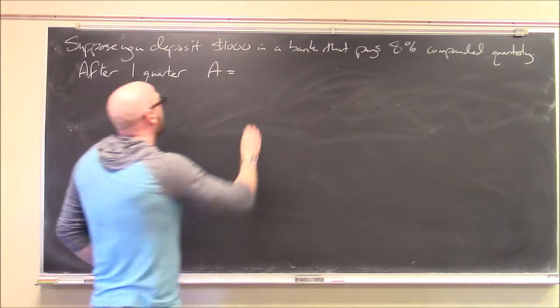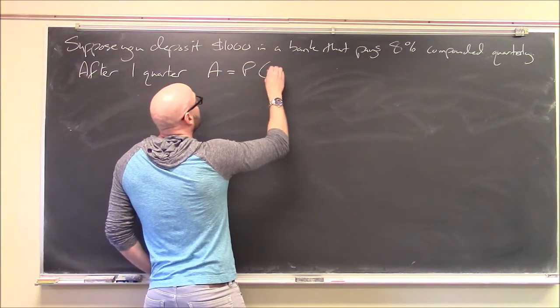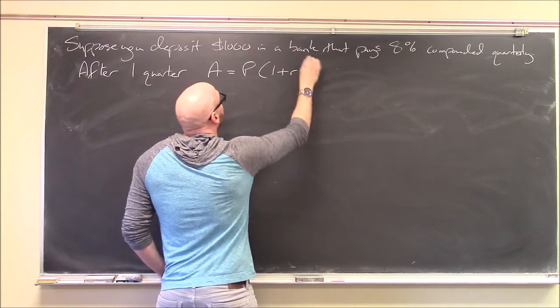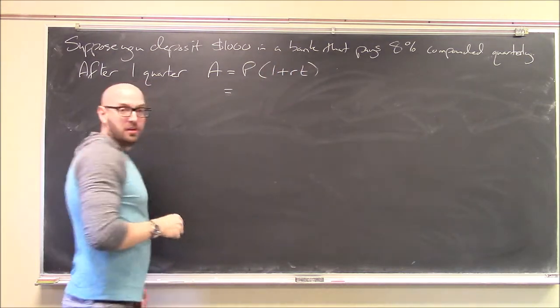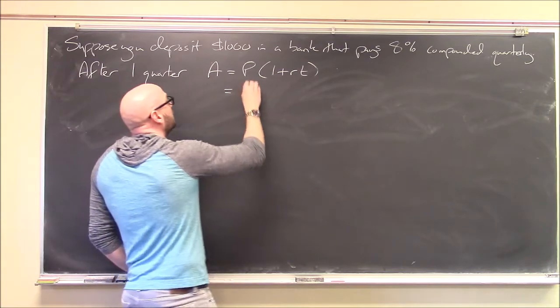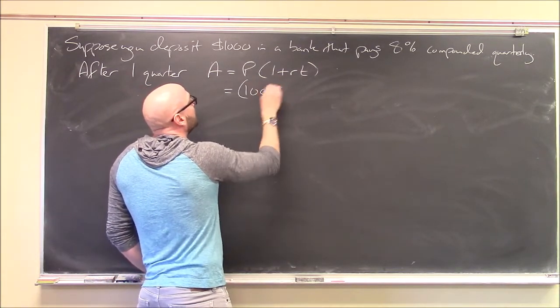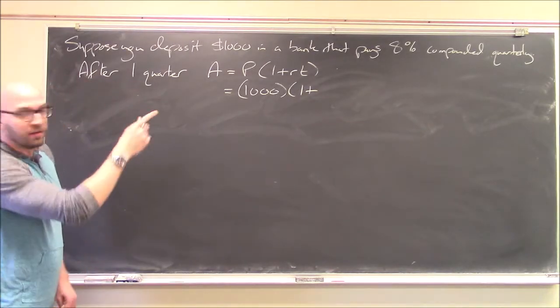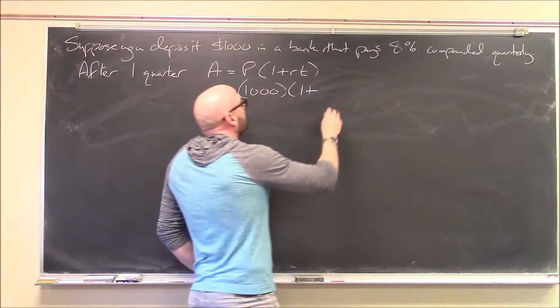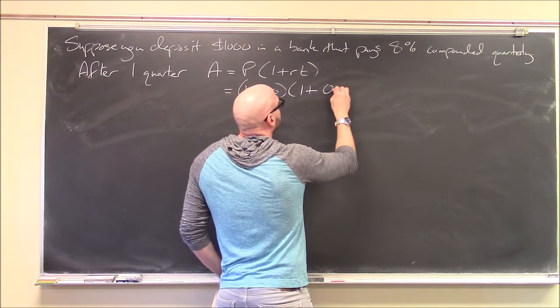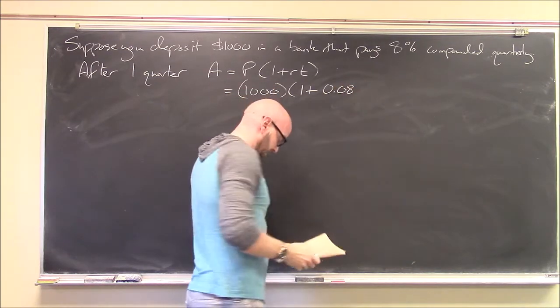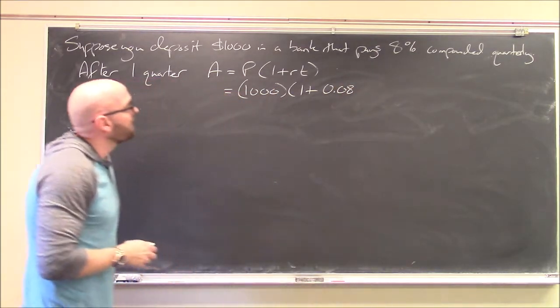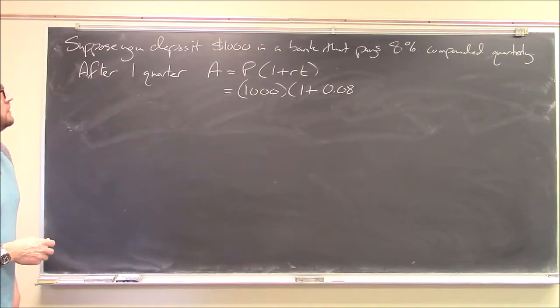Well, we use our formula, A is P times 1 plus RT. So principal, we invested 1,000. 1,000 times 1 plus R, 8%, times T. How many years has it been?